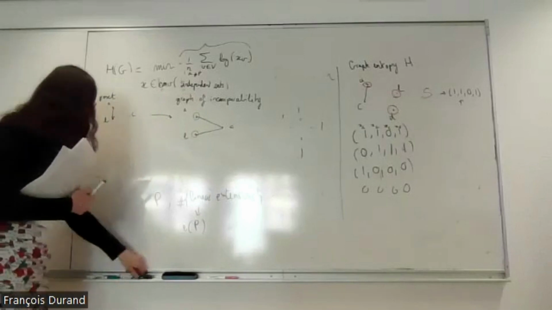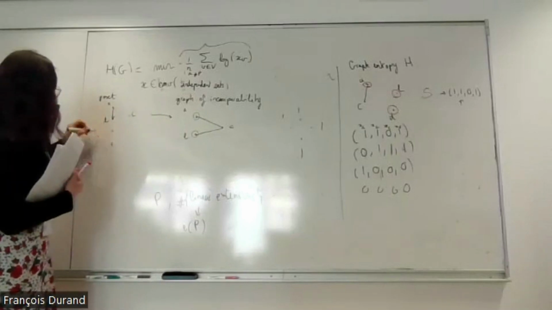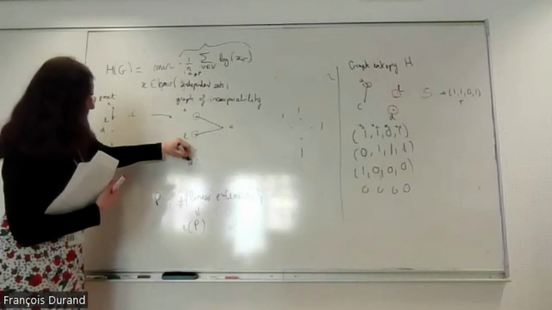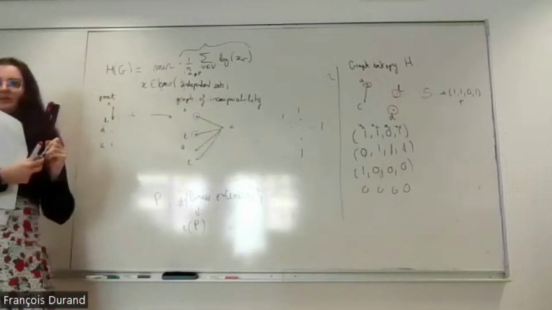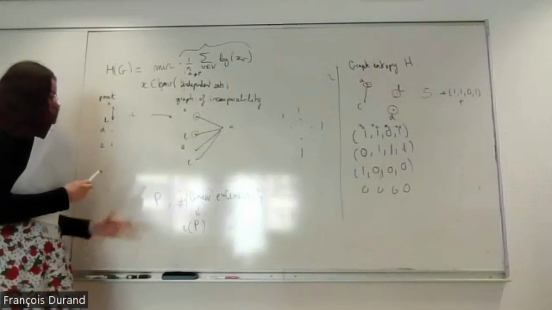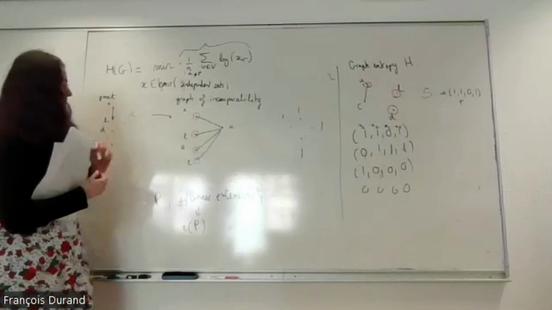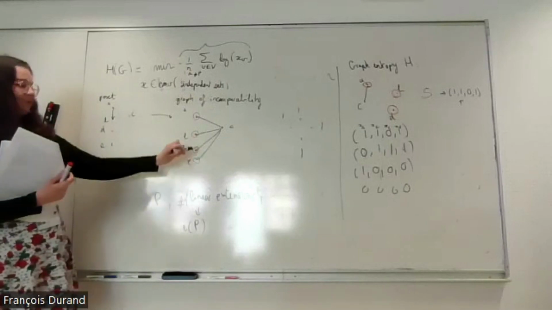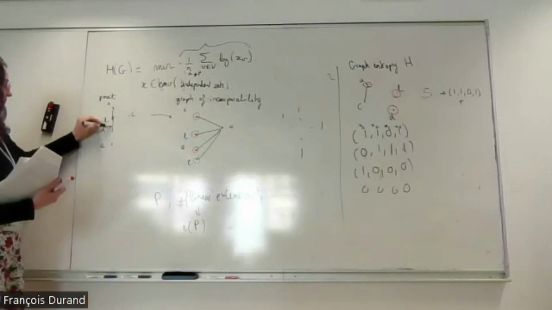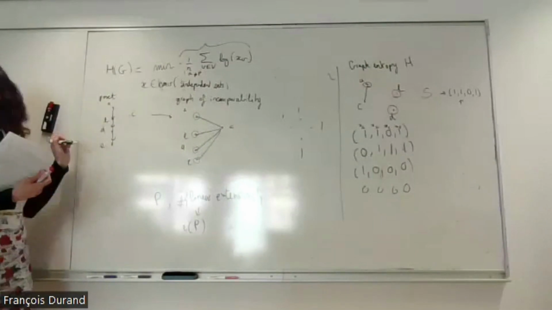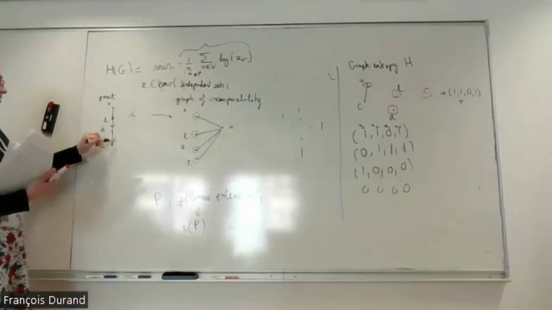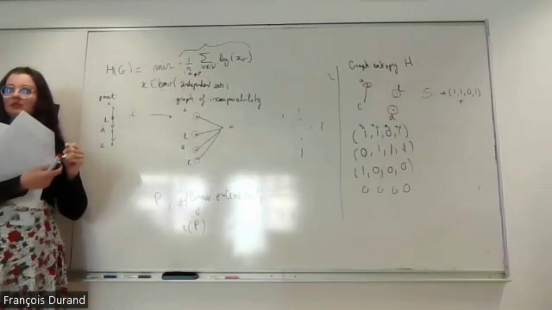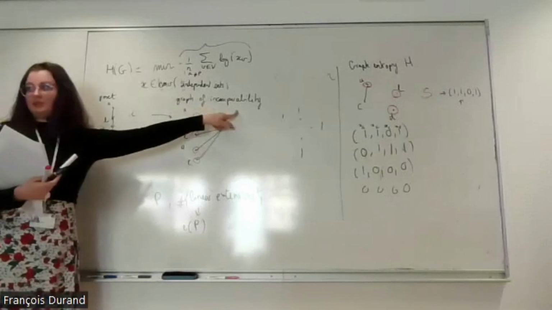So for example, if we add vertices here, the graph of incomparability will be this, and so this here is a chain in the initial poset. So when you have a chain in a poset, you have an independent set in the graph of incomparability.